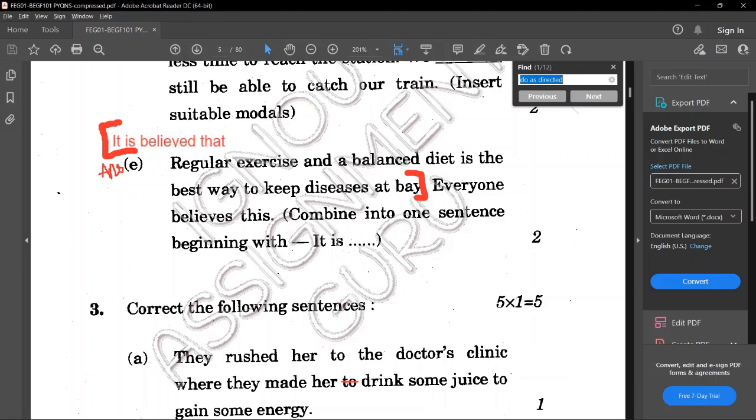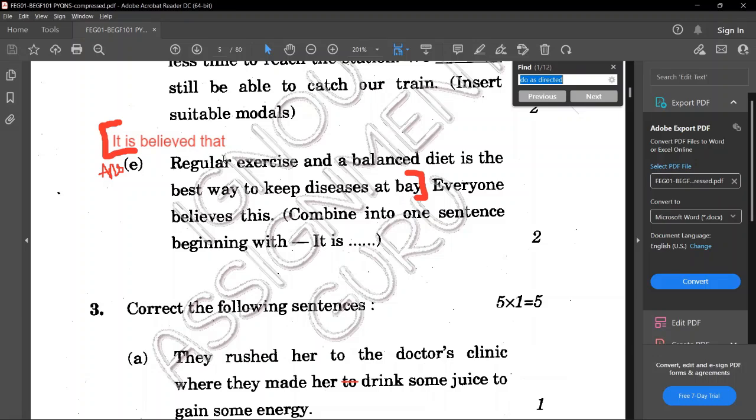In this case, they also have another condition along with the conjunction condition, which is that the sentence you're rewriting should begin with the words "it is". So let's put "it is" at the beginning of the sentence. It will go as follows: it is believed that regular exercise and a balanced diet is the best way to keep diseases at bay.